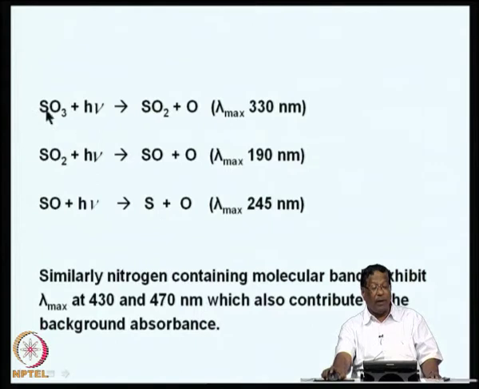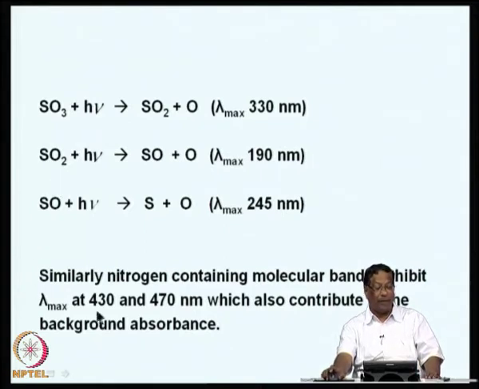In the gaseous state, such species can be stable, whereas in solution we do not expect species such as SO2, SO3, SO and sulfur. But in the gaseous stage, such chemical species can and do remain as separate chemical entities.